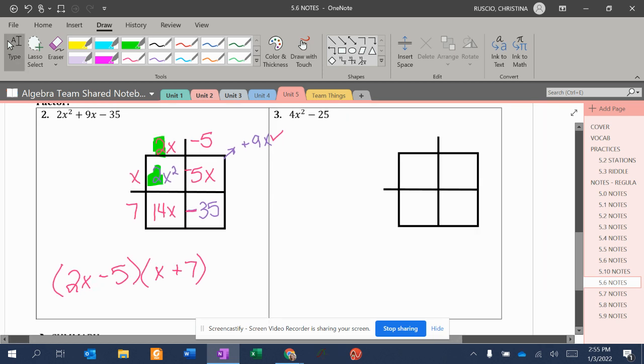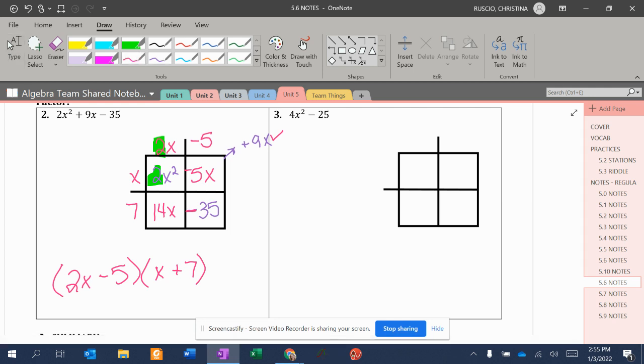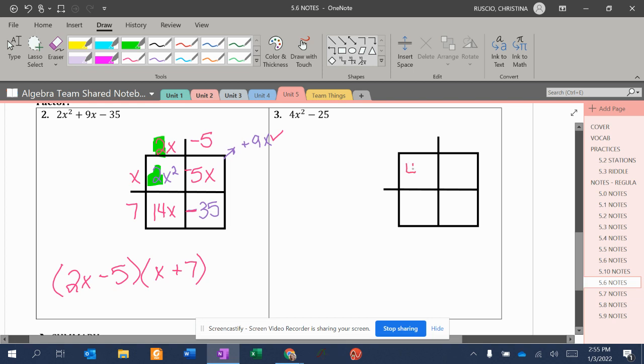All right, now number 3 looks a little different because it's a binomial. So if you think back to what we've been doing, let's just go ahead and fill in the box. 4x squared, we don't have the x term, so we're going to say it adds to 0x. And in the bottom right, it's minus 25.